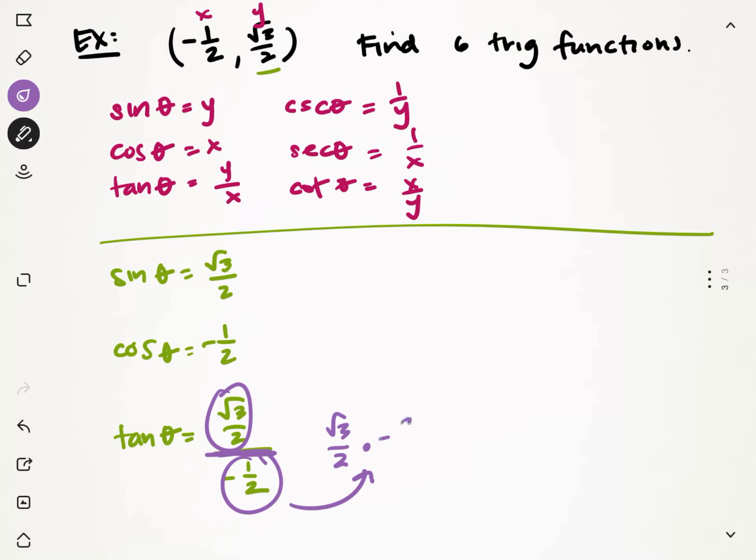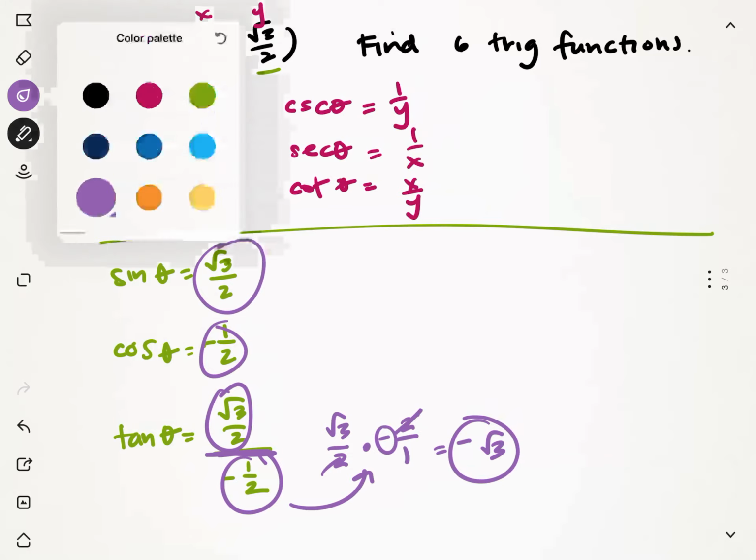So the reciprocal would be -2 over 1. Alright, so the 2's will cancel. 2 divided by 2 is 1. And then we have our negative sign still left over. And then square root of 3 over 1 is just square root 3. Okay, so we have our first 3 trig values.